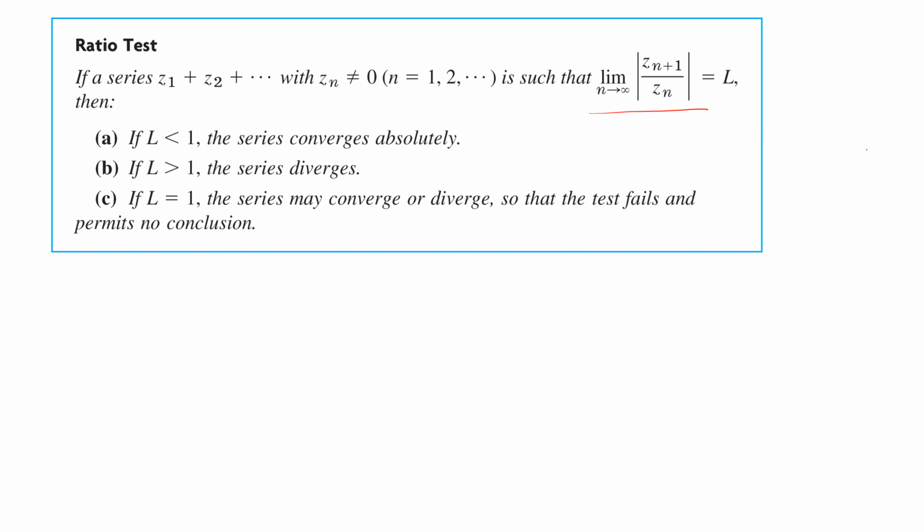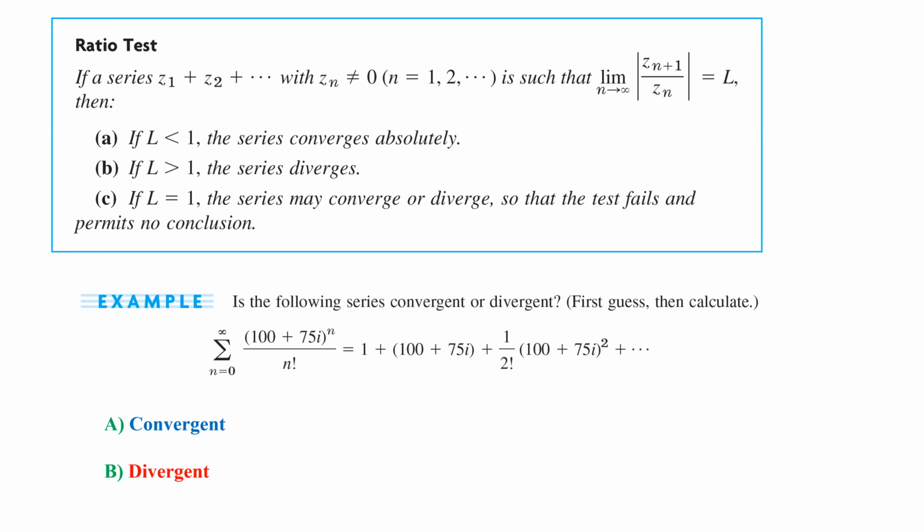But if L is equal to 1, we cannot conclude anything. The series may converge or diverge, so the test fails and permits no conclusion. So when this is 1, you cannot say anything. But if it is more than 1, diverges, less than 1, converges. Okay? So this is the same ratio test, but explained a little bit better this way.